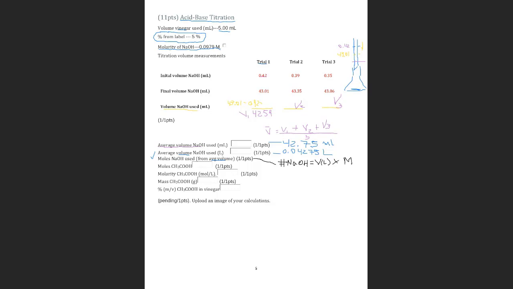We have the molarity because it's given, here, 0.0971, because the number of moles is always volume in liters multiplied by molarity of the solution. So this is the formula that we are going to use, because actually molarity is number of moles per liter. And we multiply by the volume, and we end up having the number of moles of sodium hydroxide.